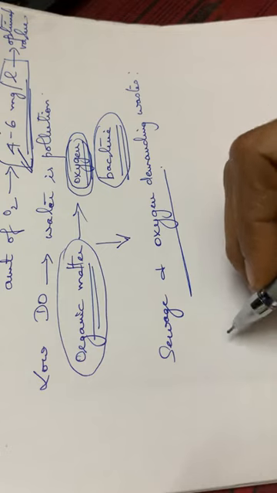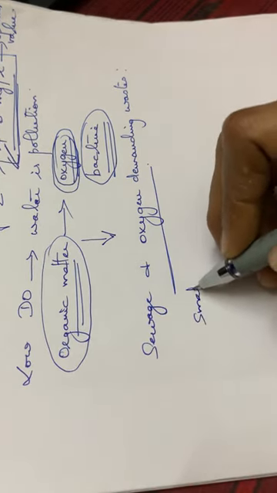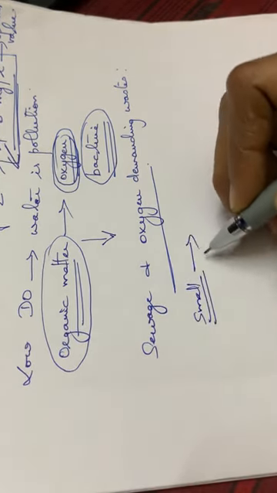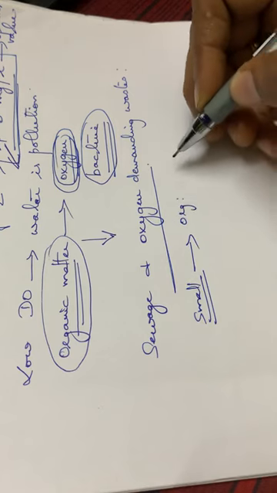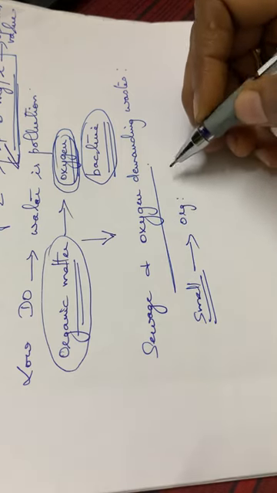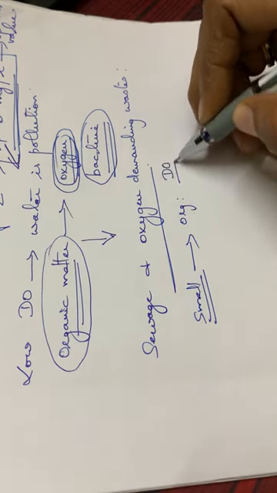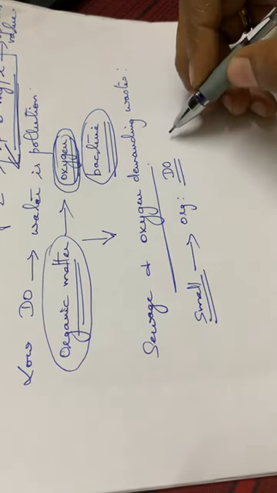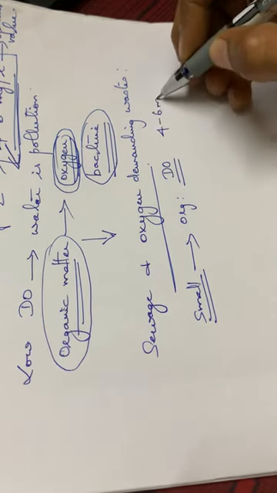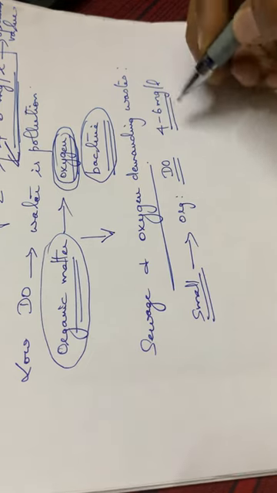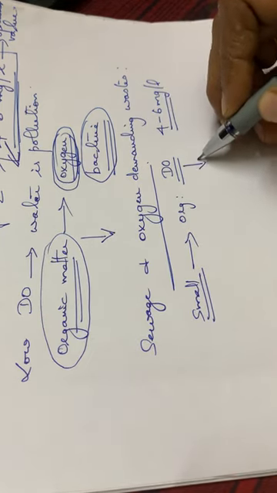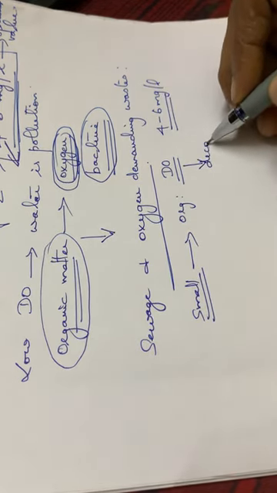If a very small amount of organic matter is present in the water body, and sufficient dissolved oxygen is there, up to the optimal value of 4 to 6 milligram per liter, this organic matter can be decomposed with no problem.